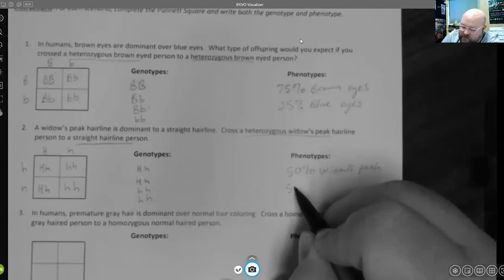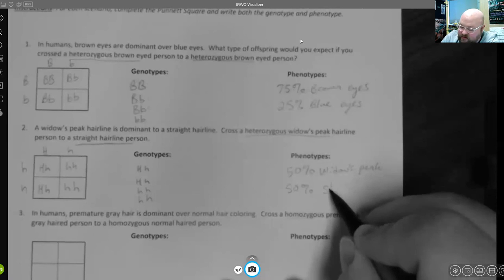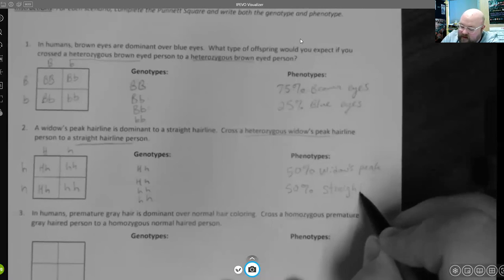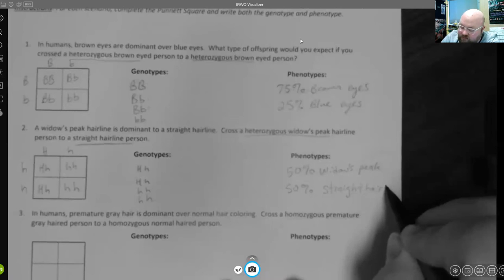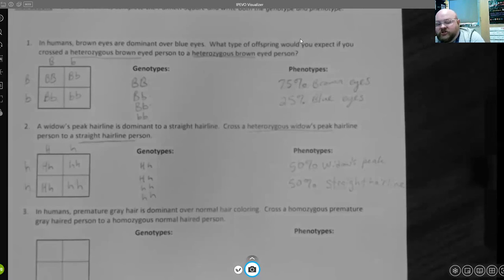And it's also a 50% chance of having straight hair. Okay. So again, just note, genotypes are the letters, the alleles, and phenotypes are what you physically see and how probable it is to see that particular trait.